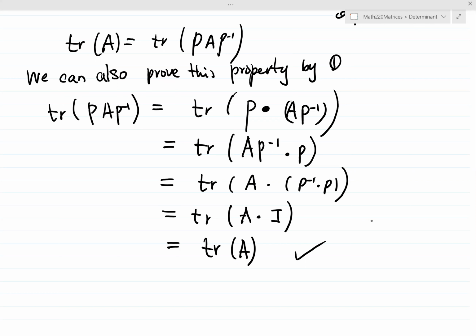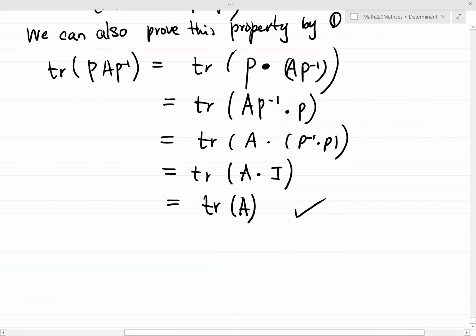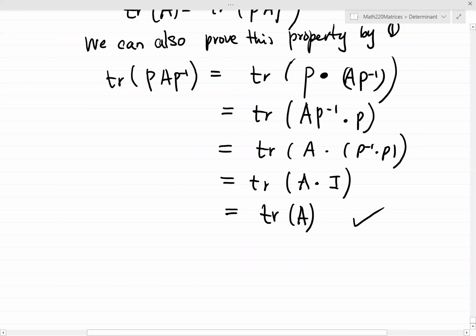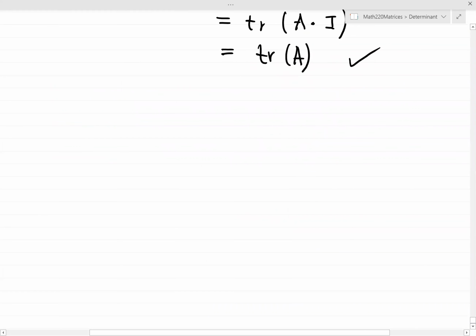So if we can estimate them, it will be good, rather than directly computing the eigenvalues and eigenvectors. So now we give a bound to control the eigenvalues.